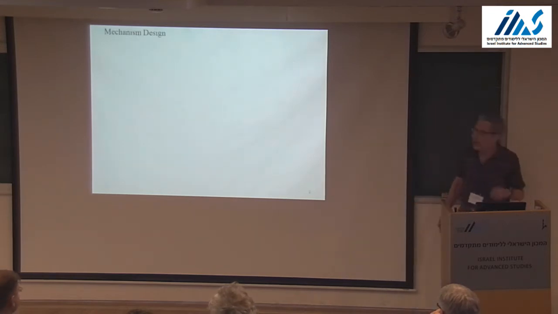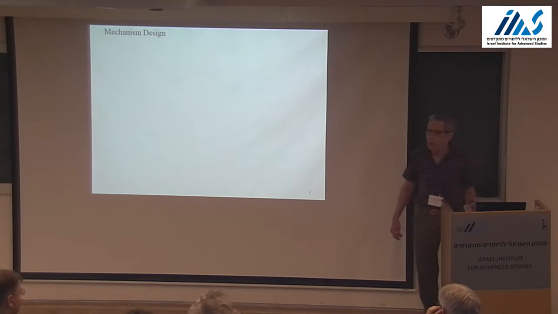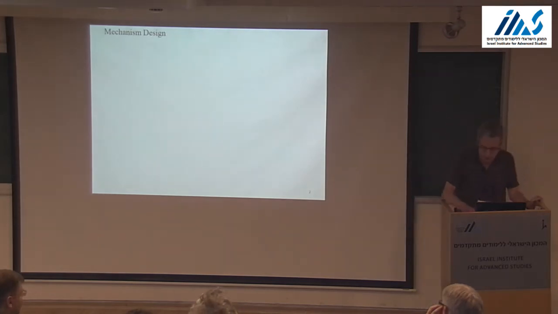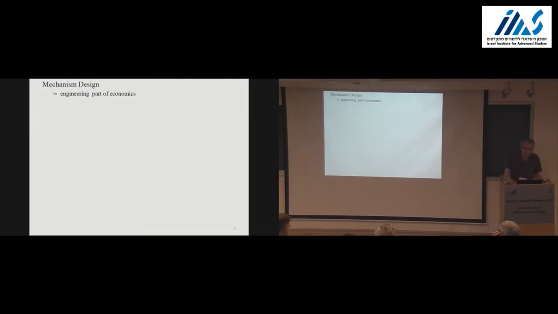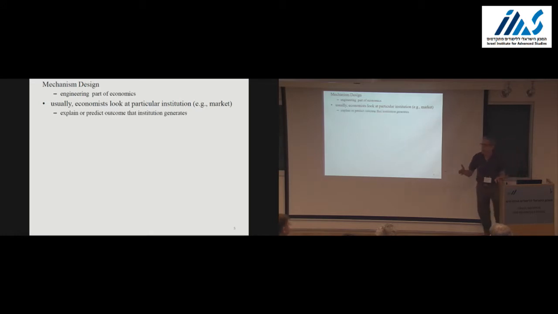Okay, mechanism design. You probably all have an idea of what mechanism design is about. I like to think of it as the engineering part of economics. A lot of the time, maybe most of the time, economists look at a particular existing institution, a market, say, and try to explain or predict what outcomes that institution will generate. In mechanism design, we do exactly the opposite.